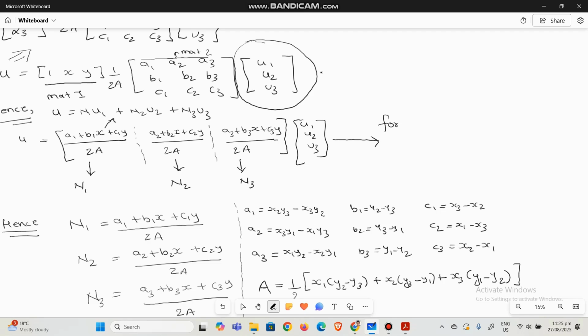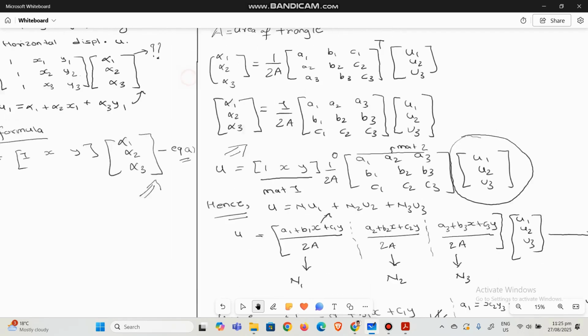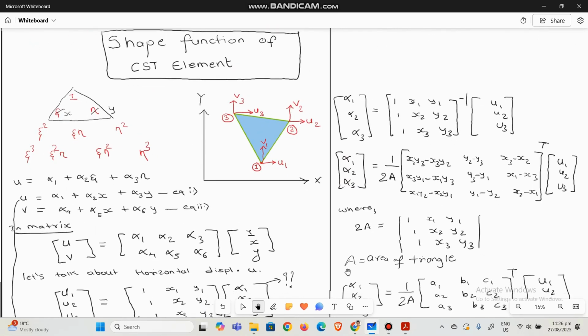For vertical displacement v, it is similar, and the shape functions won't change. So for v you also get n1, n2, and n3, which are the same as what we found here. But now the displacements won't be u1, u2, u3. Instead they will be v1, v2, and v3. That's it. I hope you understood this, and see you guys in the next video.